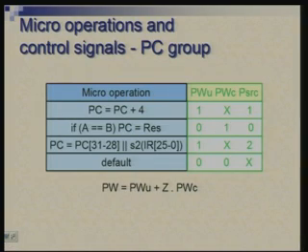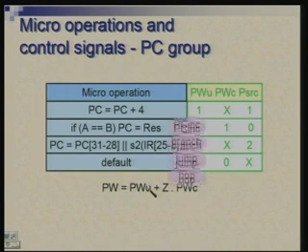We have identified groups of control signals which need to be controlled together to do some basic operation, which we call a micro operation. So all micro operations were identified, and the pattern of control signals required to make them effective have also been identified.